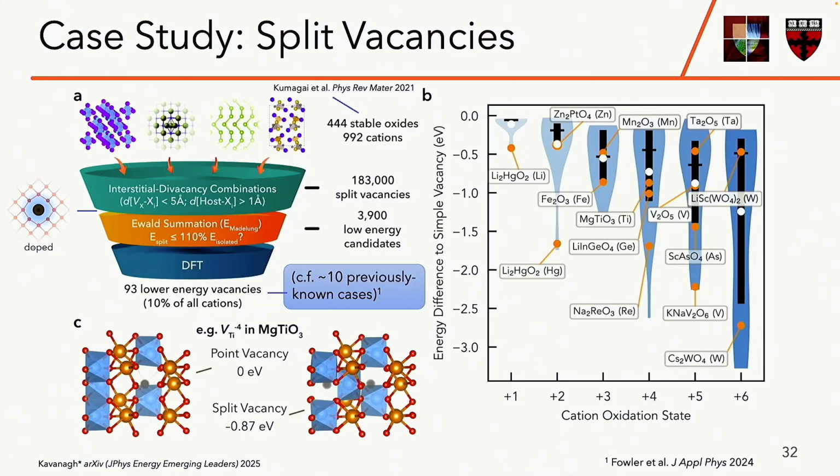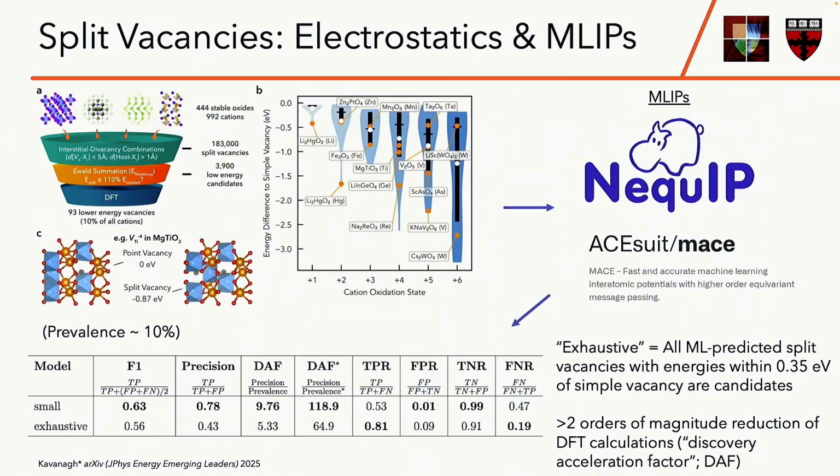So here I find that the electrostatic model does quite a good job at pre-screening for this behavior, but again is not perfect in that it still gives a couple thousand candidates which need to be relaxed with DFT to actually evaluate whether or not they will form these split vacancy arrangements. So, taking advantage of the fact that while they come with this enormous configuration space to search through, the underlying energetics of these defects, as I said, is quite simple.